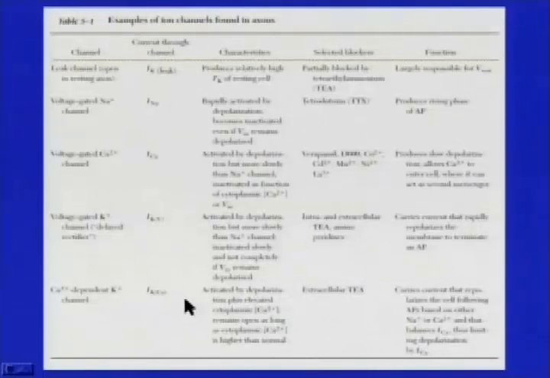Then finally, the calcium-dependent potassium channels. They are activated by depolarization, so voltage-dependent for opening, plus elevated calcium. So the voltage gating will initiate things, but until the appropriate intracellular calcium level is achieved, you don't get the full opening.